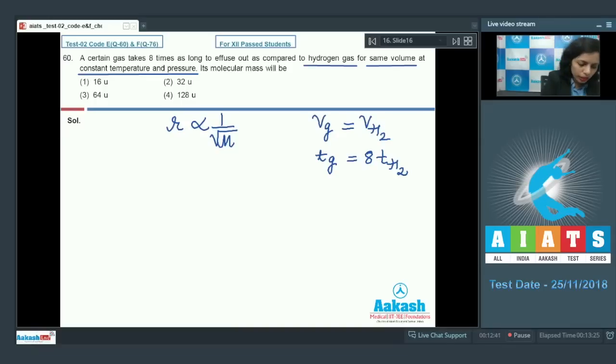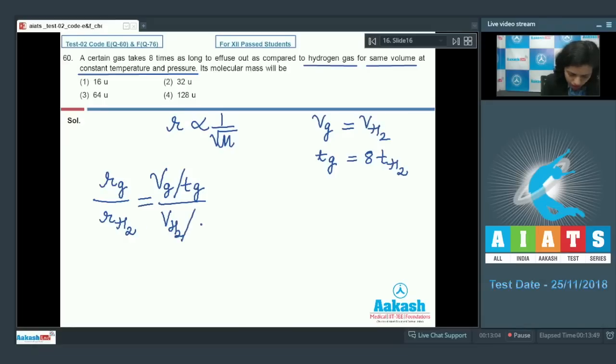That's the question. So in this case, we should always know that the rate of diffusion of that gas and the rate of diffusion of hydrogen, we are comparing these two. Those are equal to volume of the gas divided by the time taken by the gas to effuse, divided by volume of hydrogen gas divided by the time taken by hydrogen to effuse.